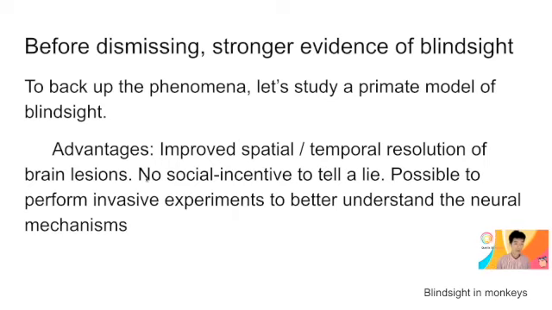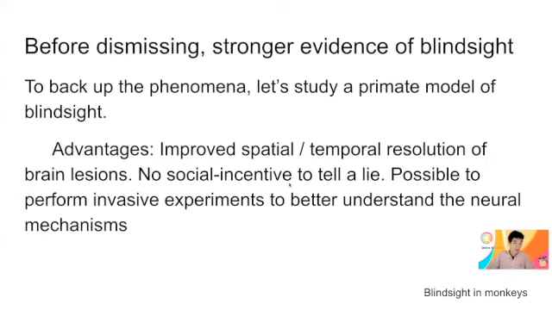Also, there's no social incentive to tell a lie. If you are skeptical, you might think that maybe blindsight patients are actually seeing things, but because they can become famous, they just behave as the experimenters want. Such communication or social incentive is presumably impossible for monkeys, so that's a good way to check.